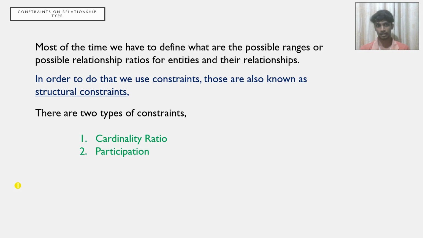Exactly the same thing happens in DBMSs. There will be possible ranges and impossible ranges. If we exceed the possible ranges, there will be an error. So the only option to avoid that issue is defining a constraint. That is basically what a constraint means.